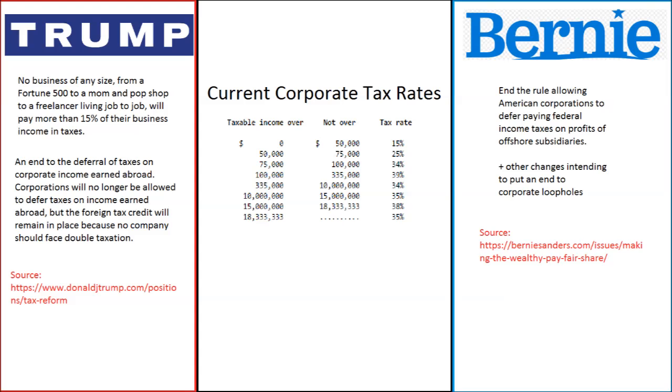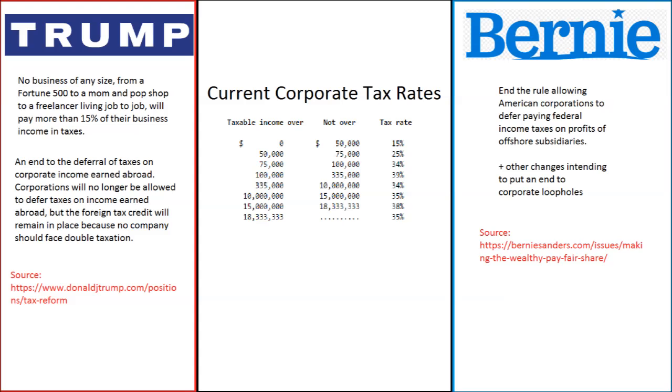Now, here is something I found really interesting when looking at Donald Trump's website. He also mentions several different measures that he would use to try to put a stop to corporations finding loopholes to not pay their taxes. So, to me, it seems that Donald Trump is also trying to do what Bernie is really focusing on.